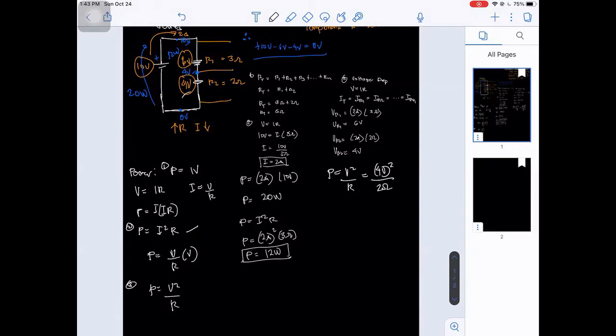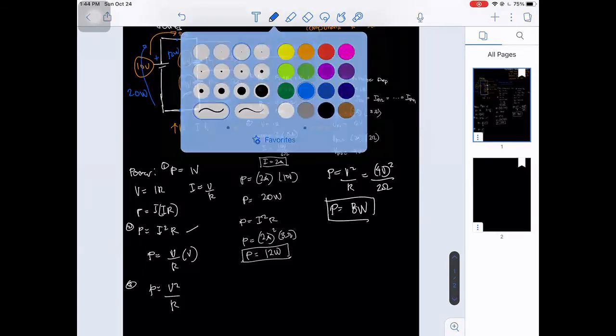We have 16 divided by 2 ohms, so we have 8 watts. So we have 8 watts across R2.